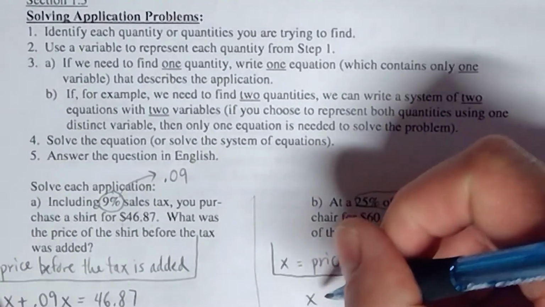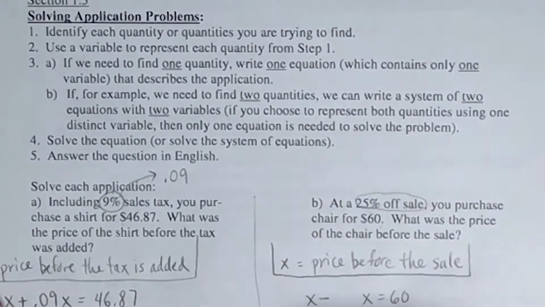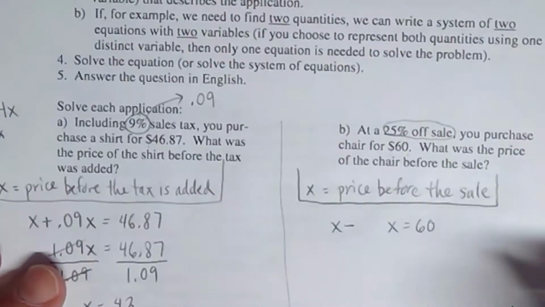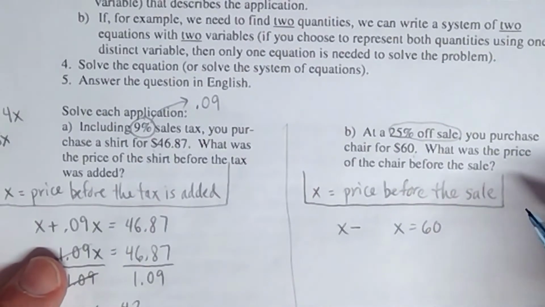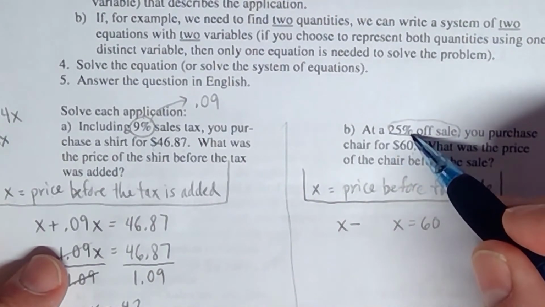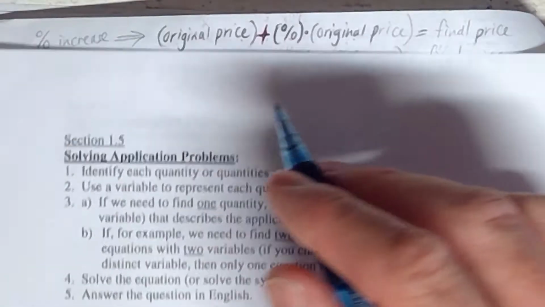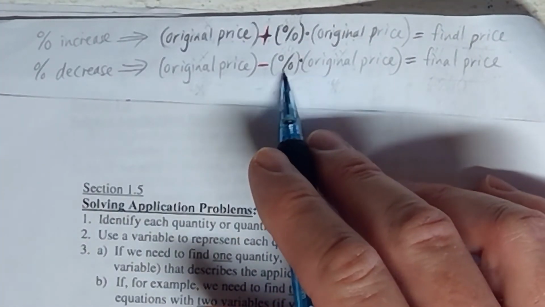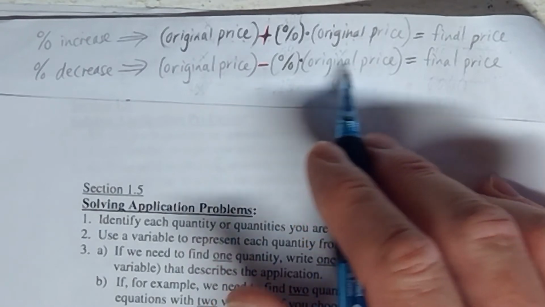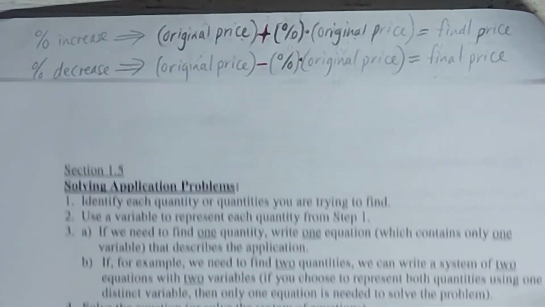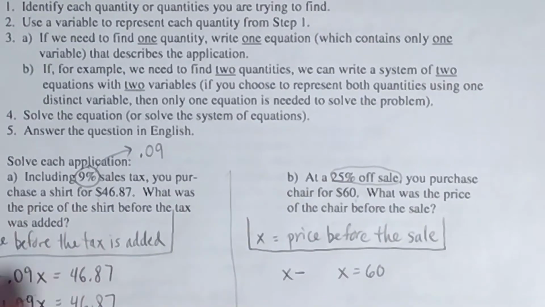Then you bring down your minus sign. Since it's a decreased problem, we're going to put that minus sign right there, just like the formula says up here. And then just like the formula also says, we need to convert the percentage to a decimal. Again, the percent, just like in the last problem, we put just before the original price when it happens again right here the second time. So what is 25% off?